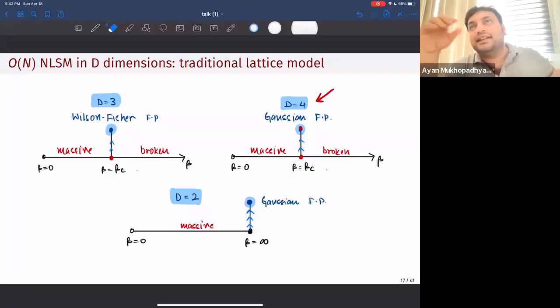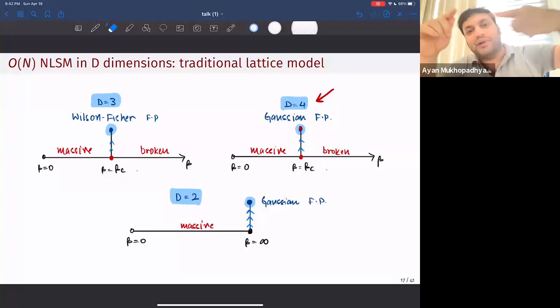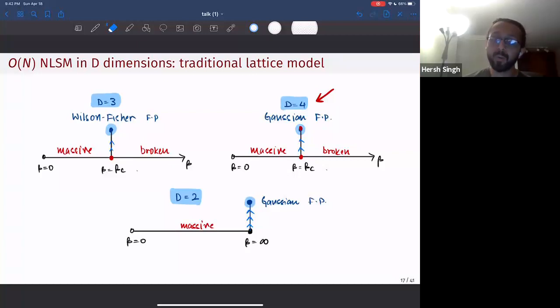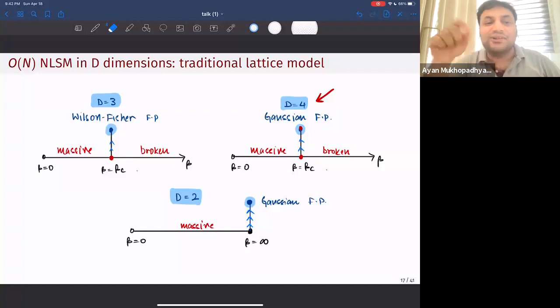You're saying that if you're taking the traditional model with already an infinite number of degrees of freedom, you are bound to hit the fixed point, which you are calling the traditional lattice fixed point. But on the other hand, if you have some discrete degrees of freedom, you might hit somewhere else on the critical surface, which has some irrelevant deformations in it. Or I'm just getting lost by the picture.